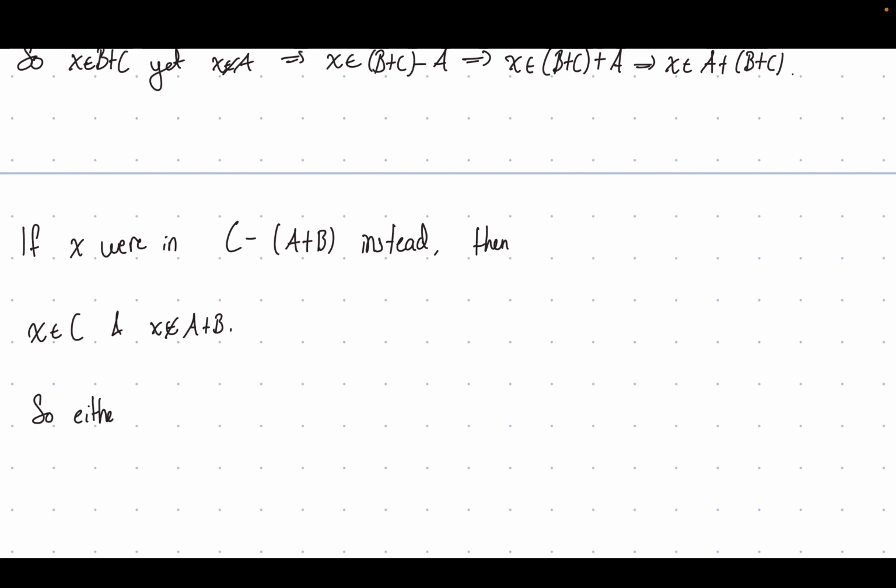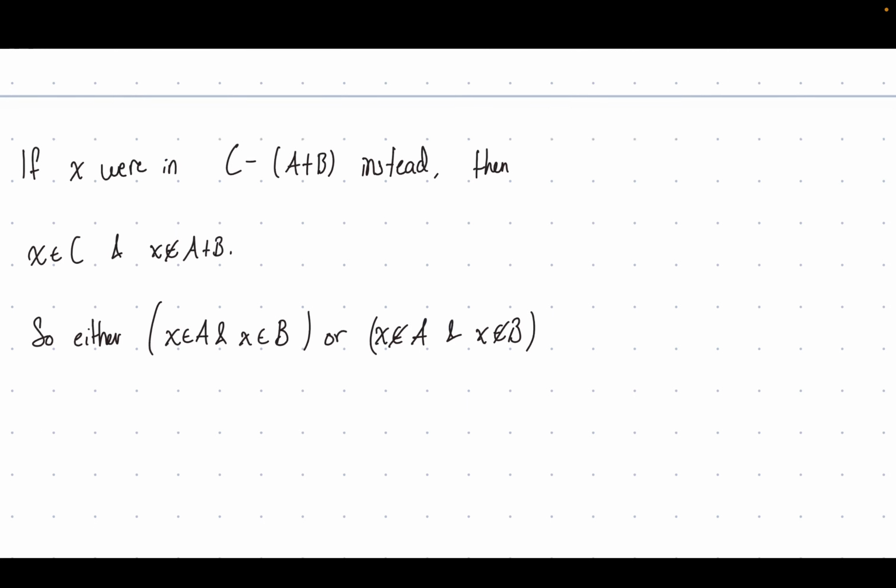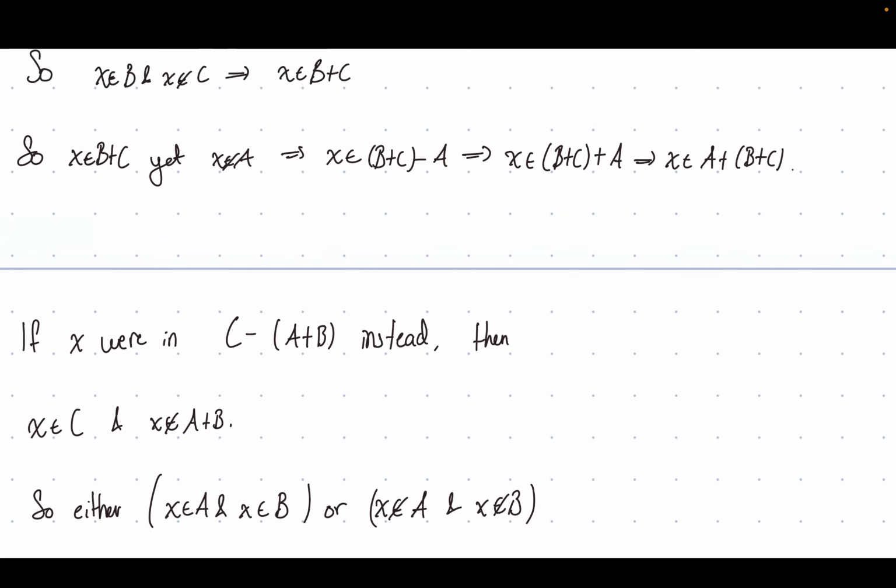So either x is not in a and x is in a and x is in b, or x is in neither. Parentheses for clarity, but I think we all know what we mean here. Okay. Sorry, I forgot to conclude this part.